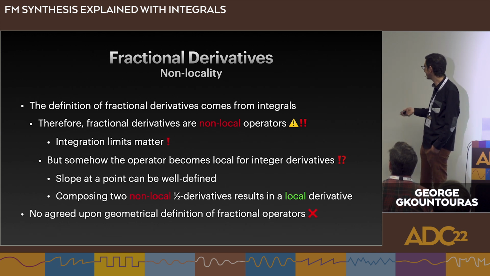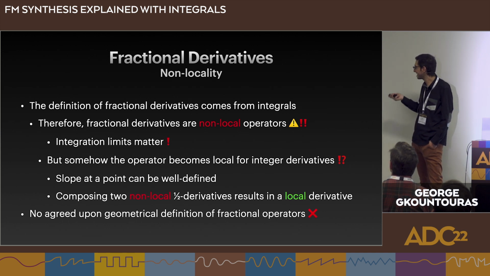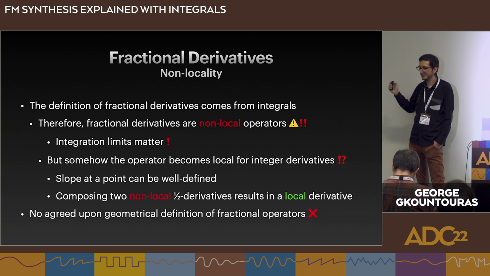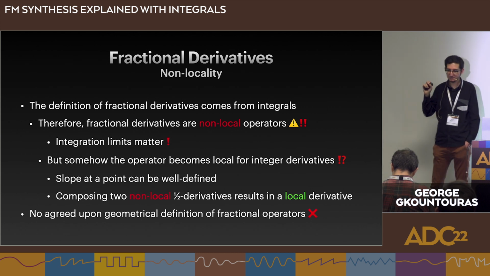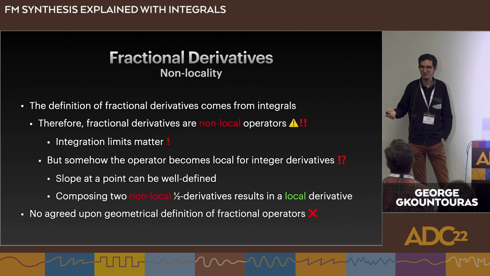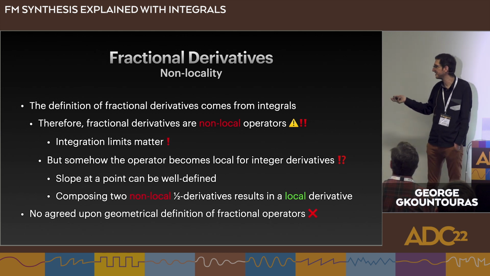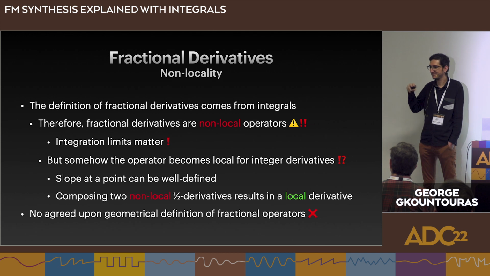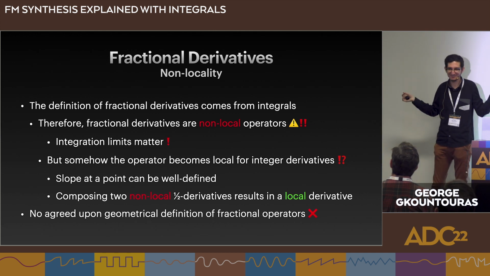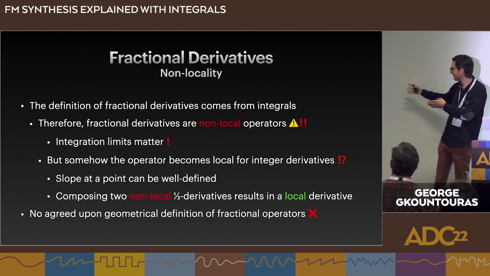But it turns out that somehow the fractional derivative operator becomes local when the order of the fractional derivative is an integer. So if it's 0.99, it's not local. But if it's 1, it's local. I don't know how it works. You have to ask a mathematician.